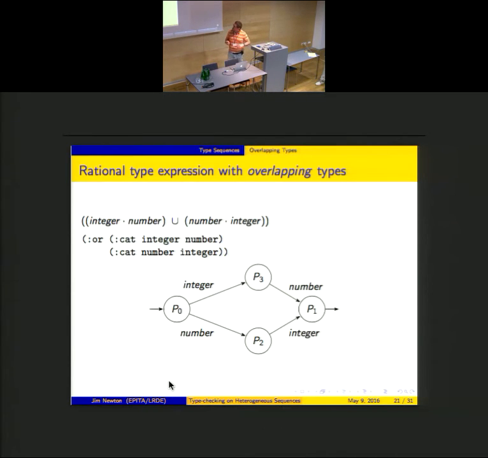The cases that I showed so far always had the property that the type test leaving a particular state in the tree was unambiguous. If you had a case such that we want to test for integer and number, then you will find that all integers are numbers, so it's not clear which path of the state machine to follow.